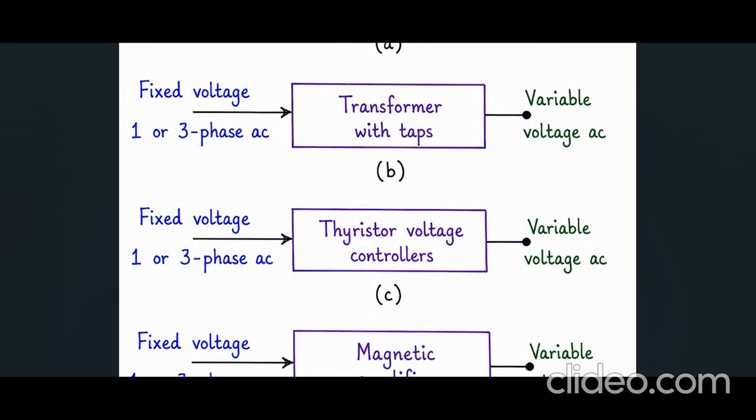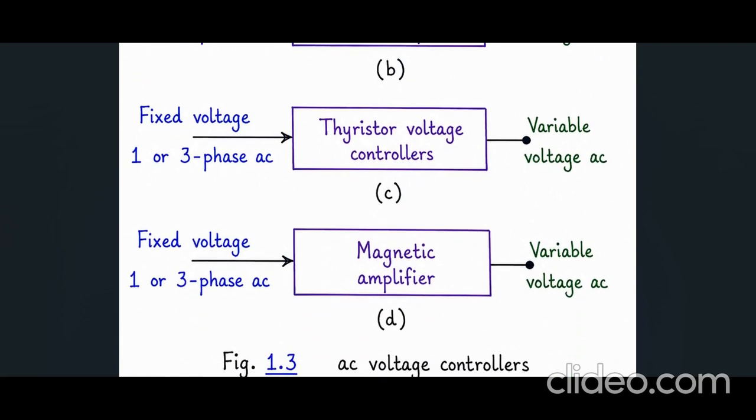By controlling the firing angle of the thyristors, we can continuously vary the RMS output voltage without changing the frequency. Magnetic amplifiers were also used earlier for AC voltage control, but nowadays semiconductor based controllers are much more common because they are smaller, faster, and more efficient.